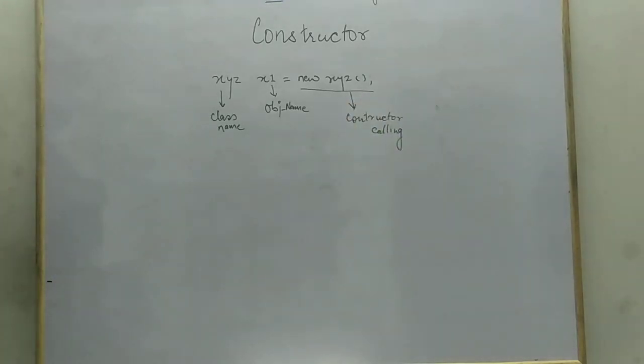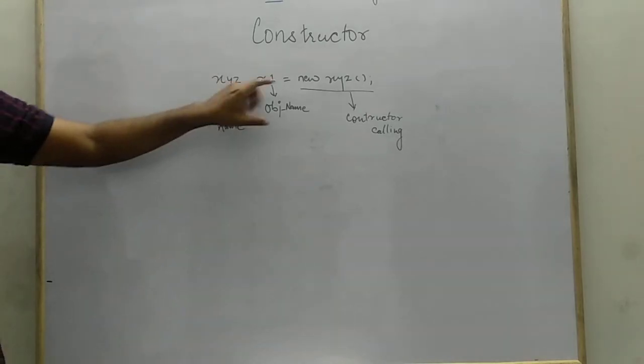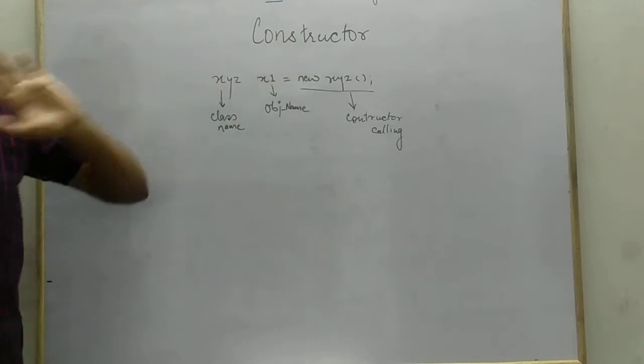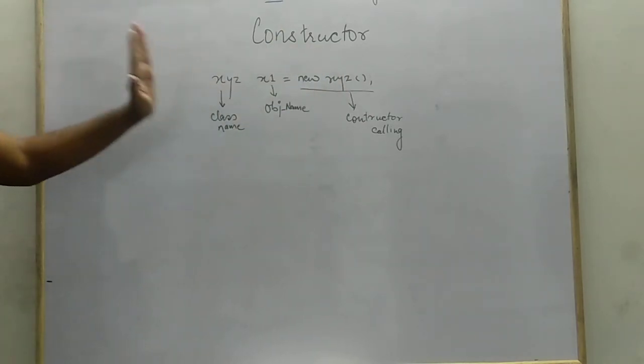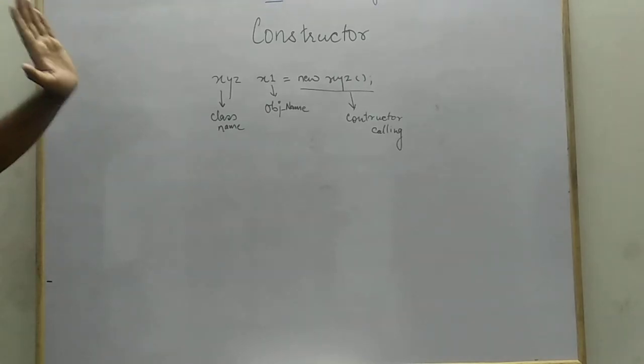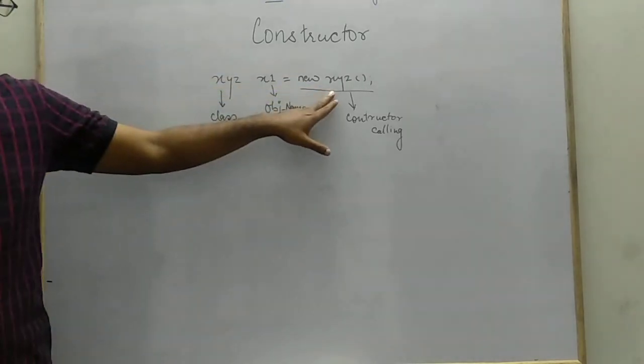Okay, clear? So you create a method, you call it, but a constructor you need not call. First of all, there is a class XYZ, new XYZ. Whenever you create an object of a class, the constructor is automatically called.